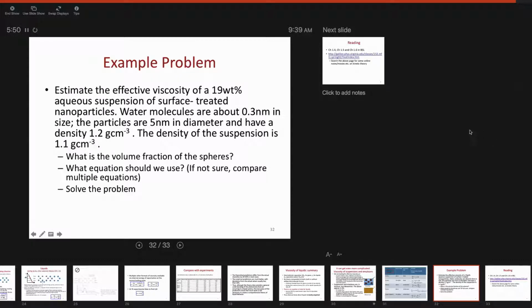So for the particles we have 1.2 gram per centimeter cube, and the overall density of the suspension is 1.1. From these densities and weight%, I'd like you to figure out what is the volume fraction of the spheres.